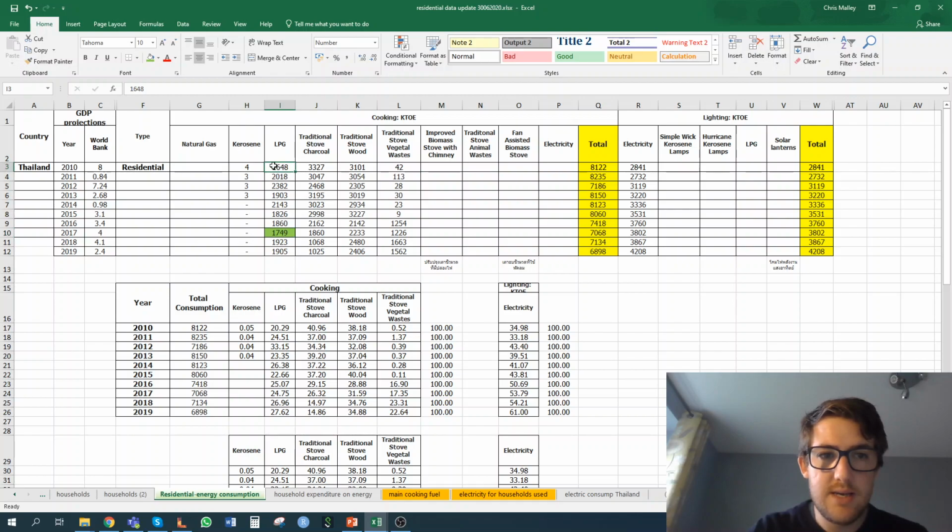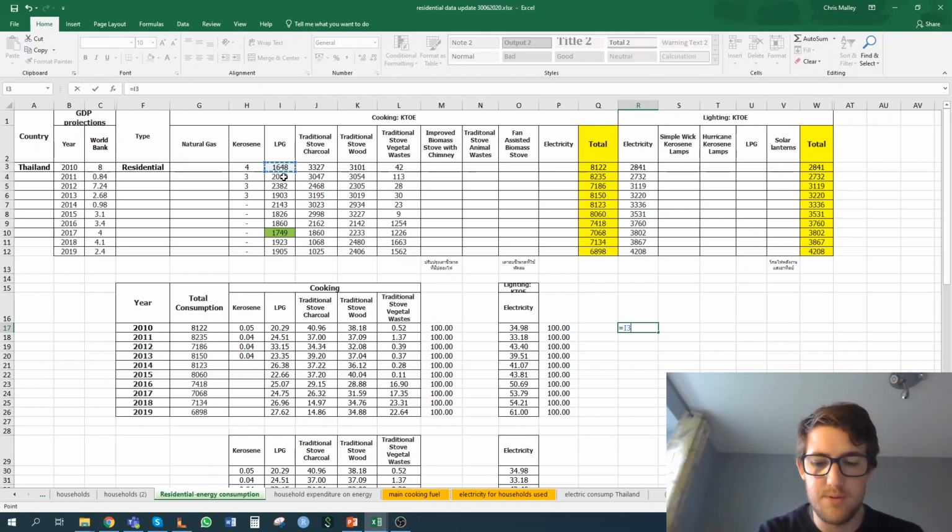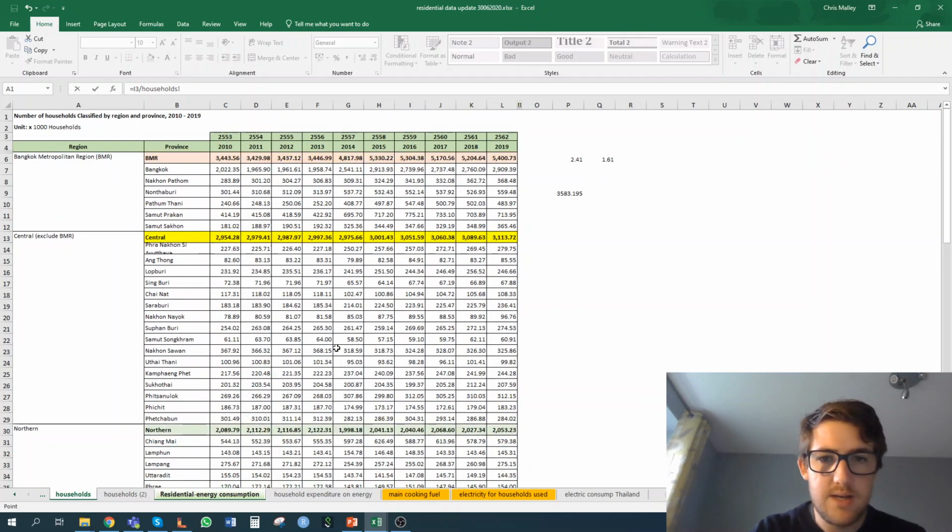I know that the total amount of LPG consumed in the residential sector is 1,648. So let me just do the calculation over here. This is not very good in terms of keeping everything neat, but I just want to show you the example. 1,648 divided by the total number of households.